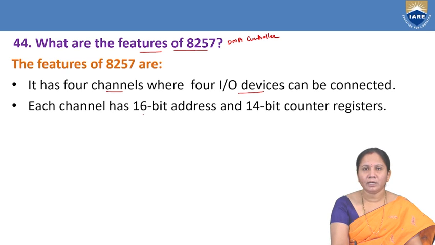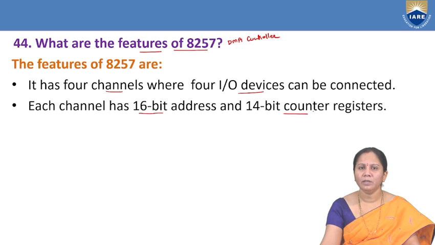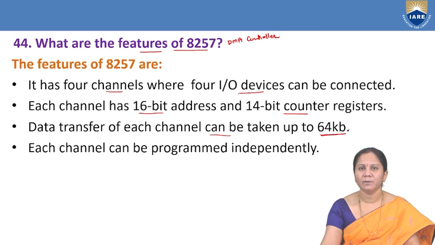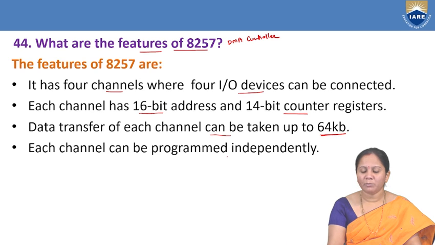Internally, each channel has a 16-bit address register and a 14-bit counter register. Data transfer of each channel can be up to 64 kilobytes. Each channel can be programmed independently because each channel internally has its own address register and counter register.